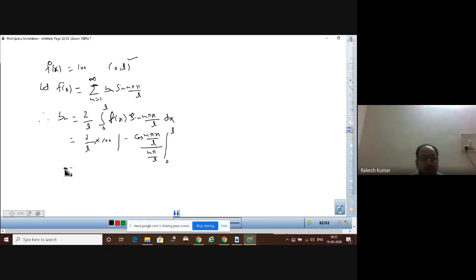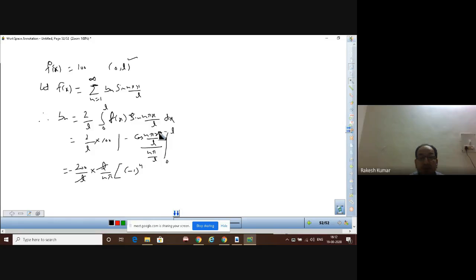It is 200 over L, and what it will be, that will be L over n pi. Reciprocal, and this negative sign can be taken here. L can be cancelled when you substitute the limit L. Ultimately, you will get cos n pi, and we have already discussed the value of cos n pi in the previous class: minus 1 raised to power n.